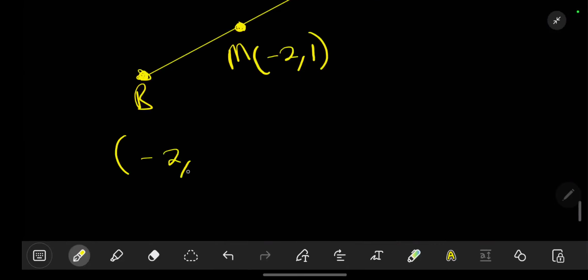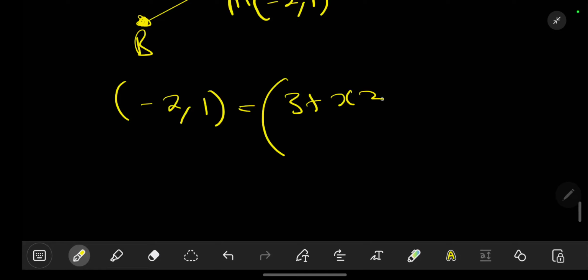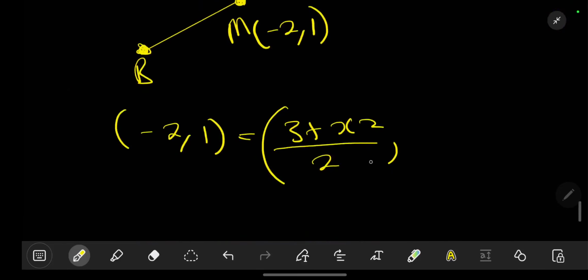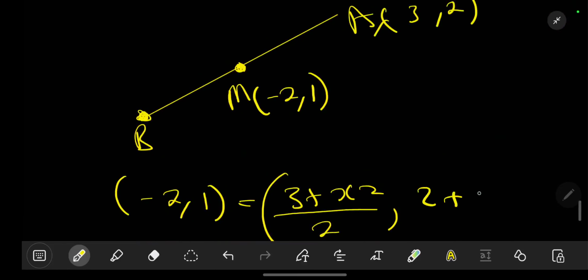So we have -2, 1 should be equal to, we have written our 3 plus x2 over 2, comma, 2 plus y2 over 2.